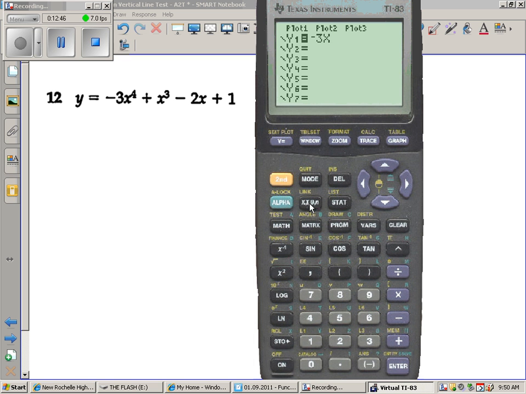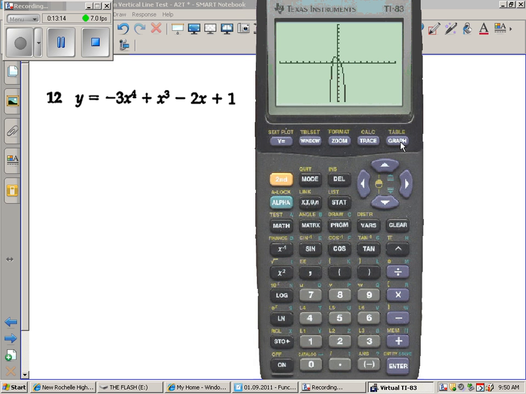3x raised to the fourth plus x raised to the third minus 2x plus 1. Oh, no, I did plus 11. That's annoying. There we go.